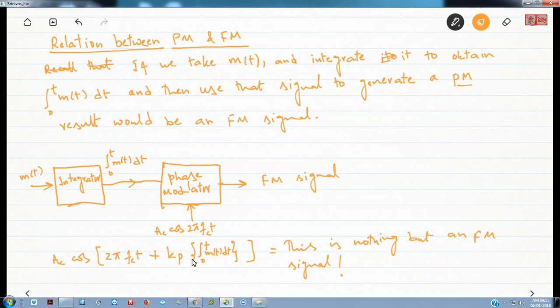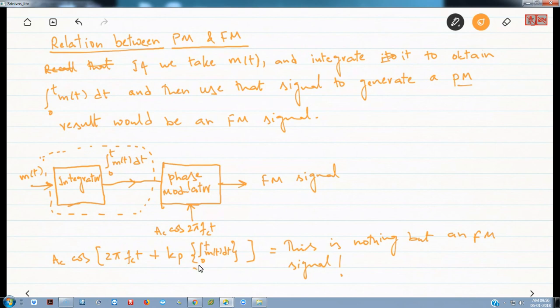Right? So you understood, right? If I don't have this integrator, then here I should write only m of t.